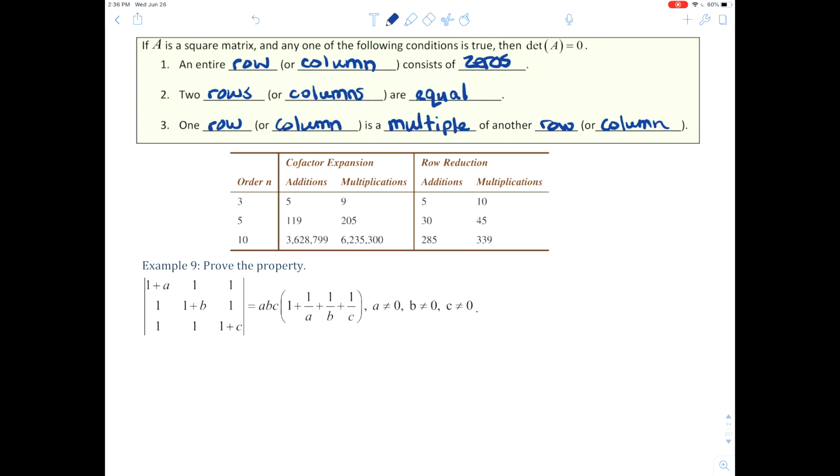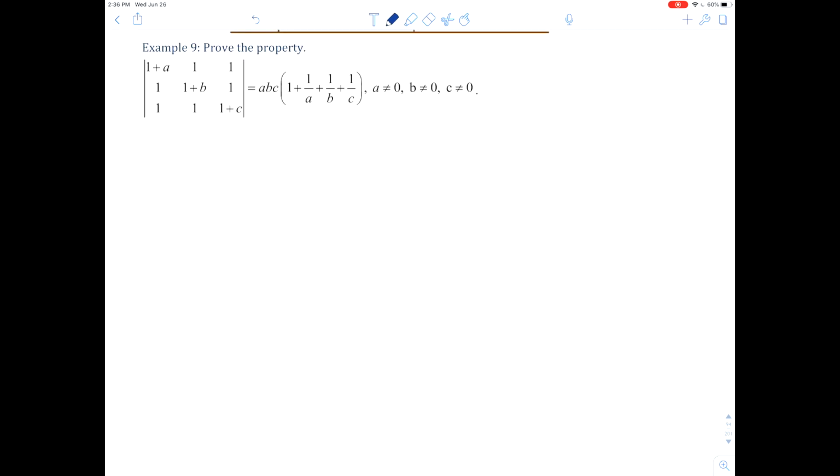And look at a 10 by 10 matrix: 3,628,799 additions and 6,235,300 multiplications, versus the row reduction would just be 285 and 339. So that's just trying to show you that this is really worth learning, especially if you're going into computer science. Cool? All right, so now let's prove this property.